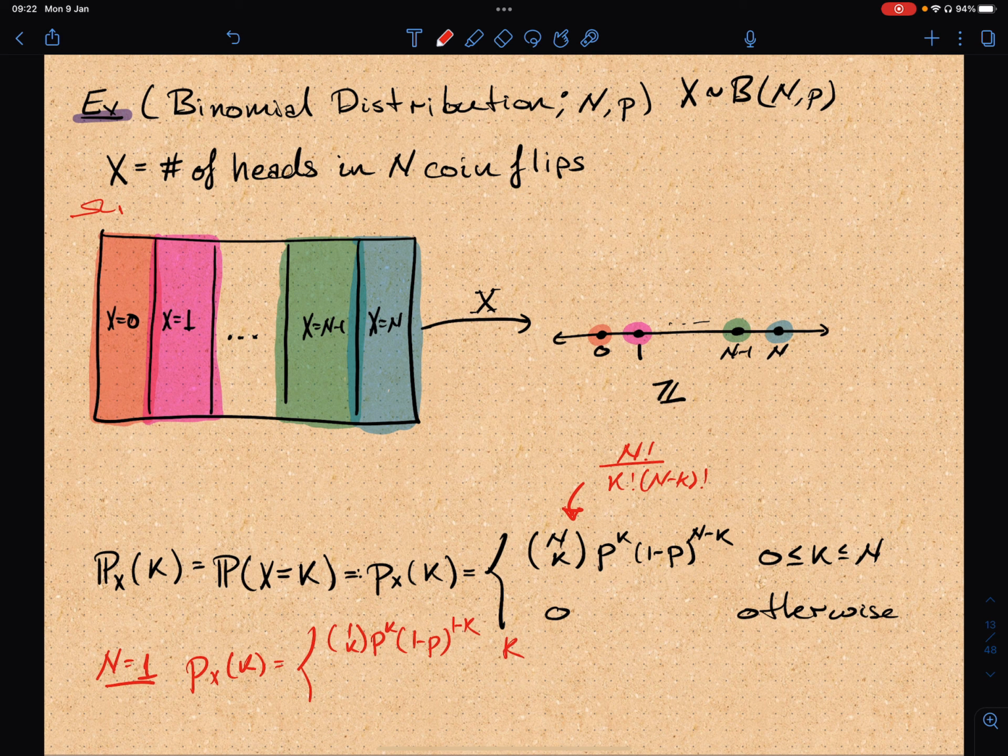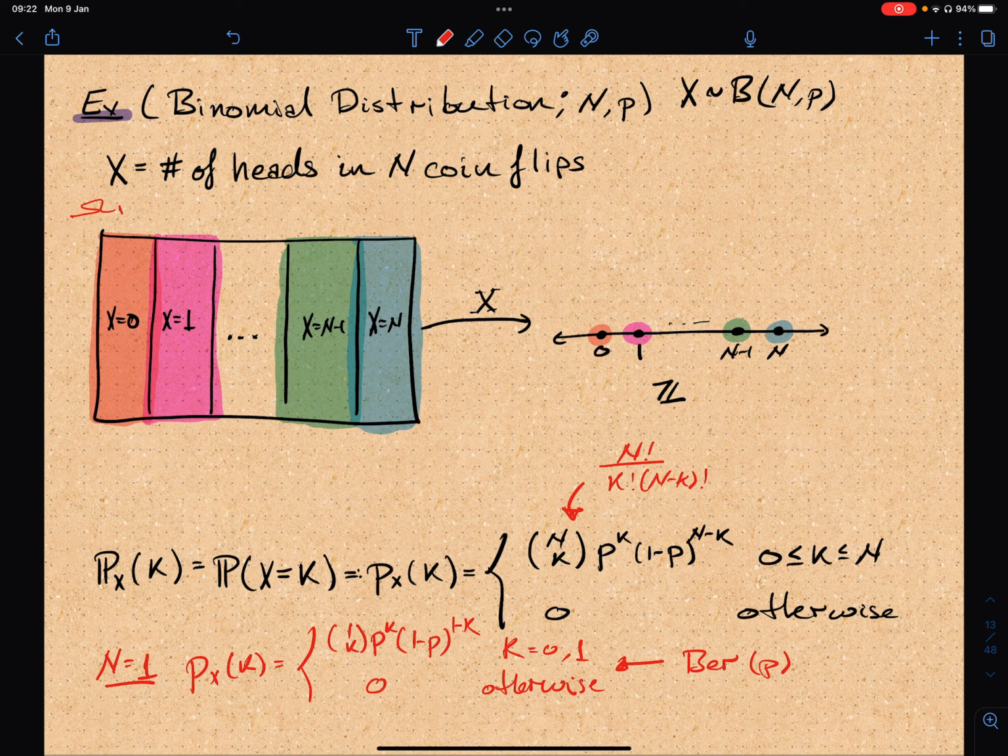And this is for k 0 or 1, and 0 otherwise. And this is equal to the Bernoulli distribution. And so this is consistent.